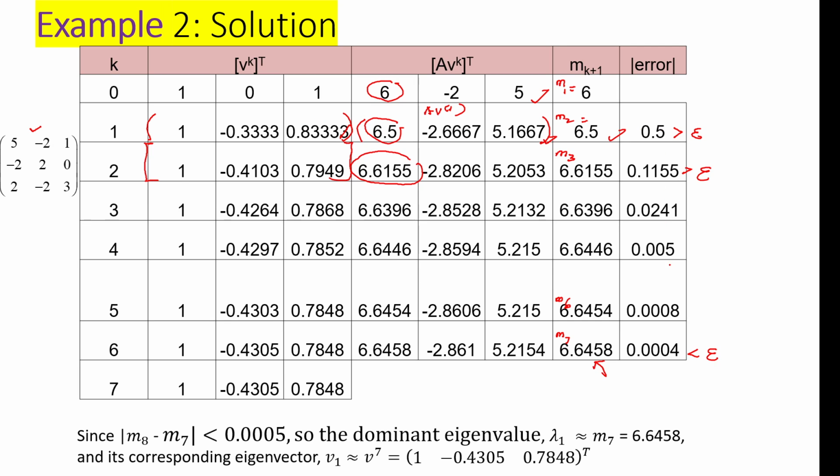So repeat the process until M(k+1) minus Mk is less than epsilon. Then if you stop at M(k+1), you need to find your V(k+1). Then don't forget the conclusions. So this is about finding the dominant eigenvalue using the power method.